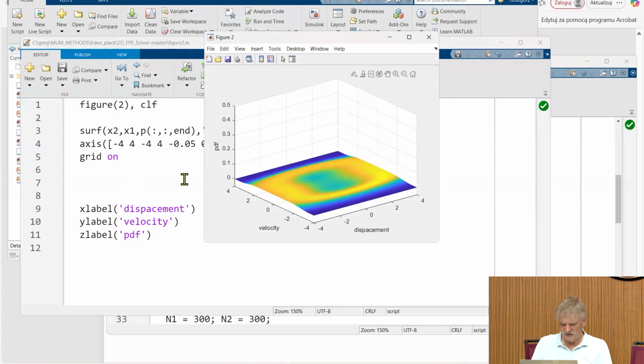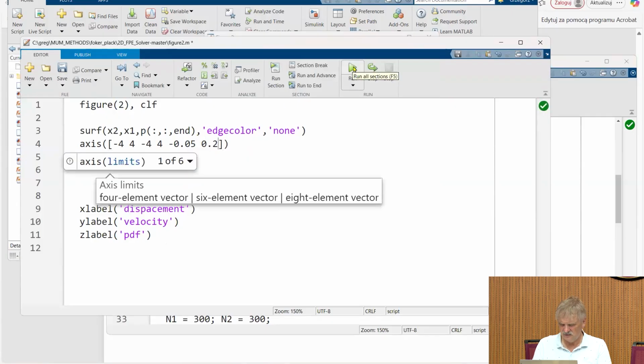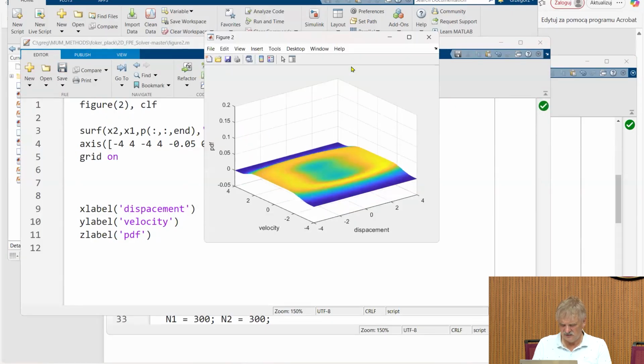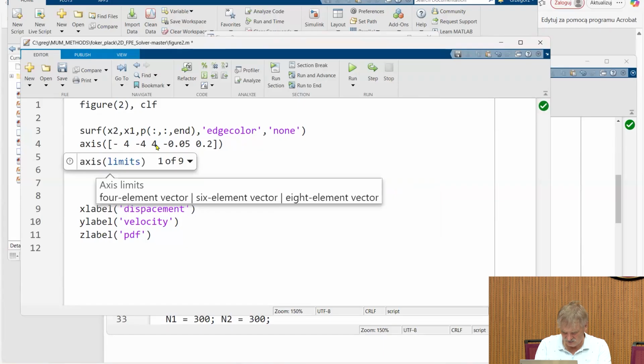Yeah, so you need to change the height. So maybe even some values should include the range.